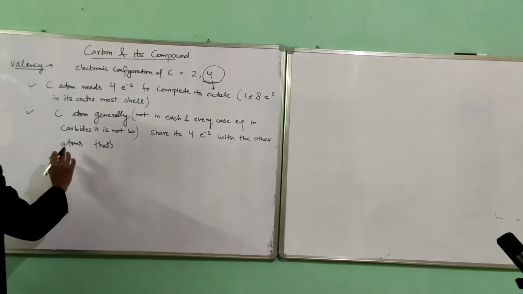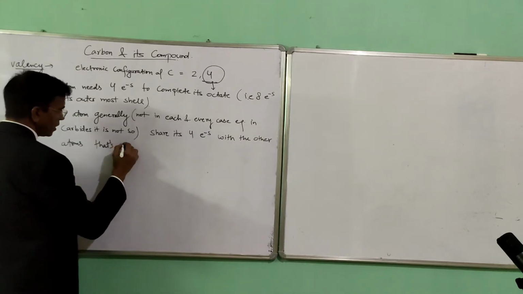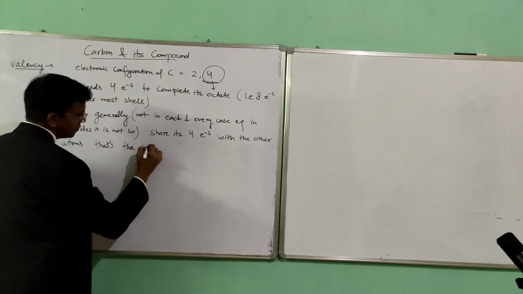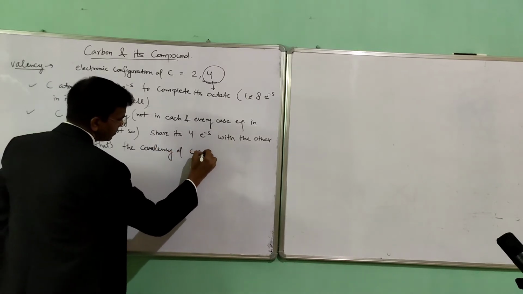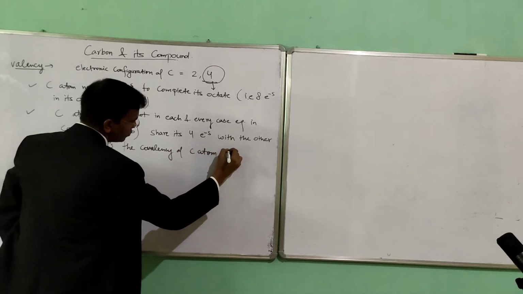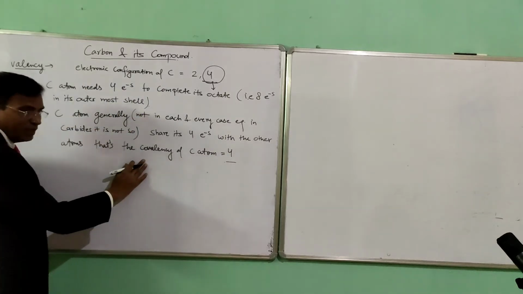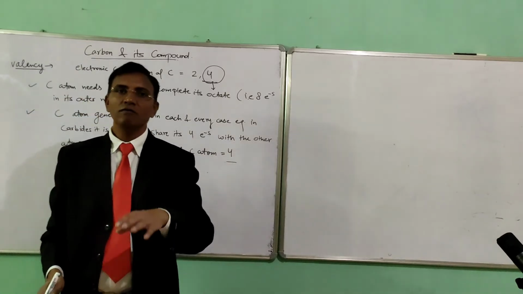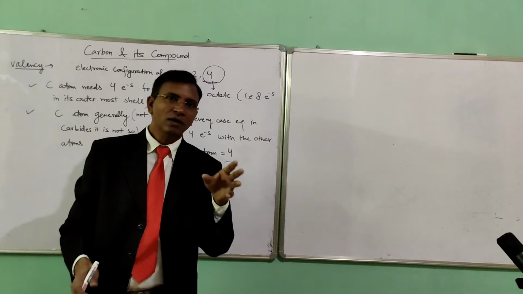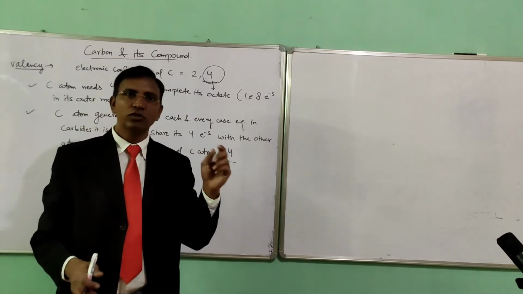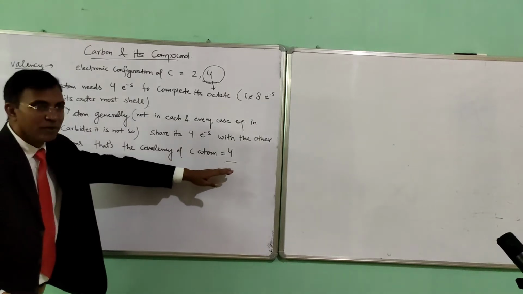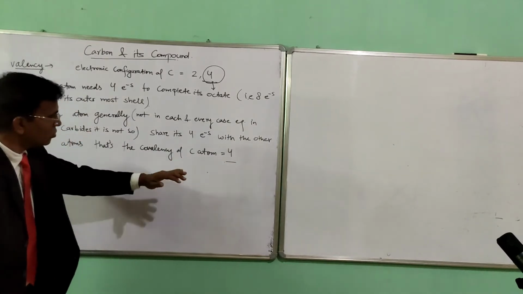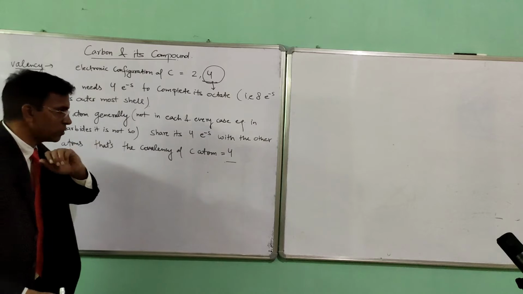So here we state the covalency of carbon atom is equal to 4. Covalency means the valency comes from the sharing of the electrons. So by the sharing of the 4 electrons, it completes its octet, right? So the covalency of the carbon atom is 4.